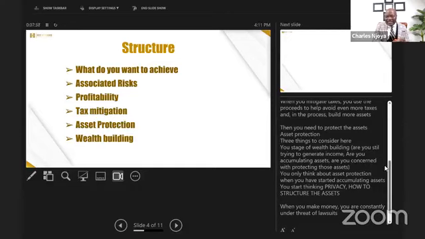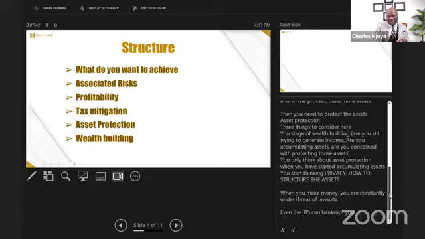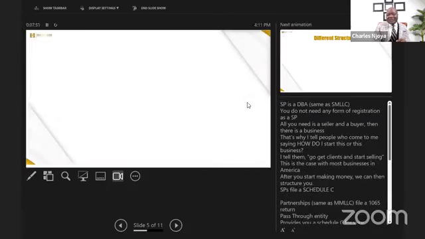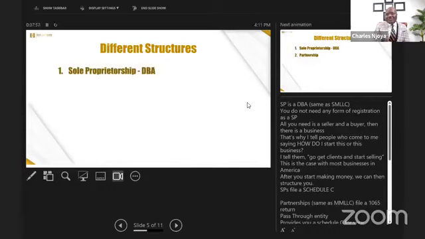When you make money, you are constantly under the threat of a lawsuit. Even the IRS can make you bankrupt. So basically, that's why we talk about these things. Another thing I'm going to talk about here is the different structures that we have. The first structure, when you start a business, most people start as a sole proprietorship.